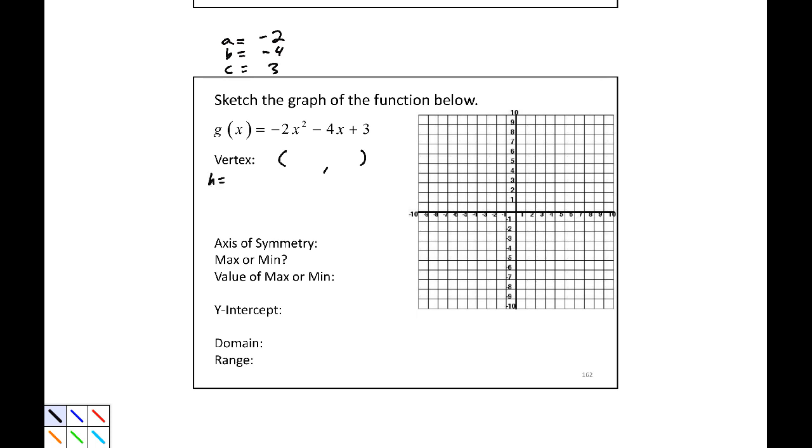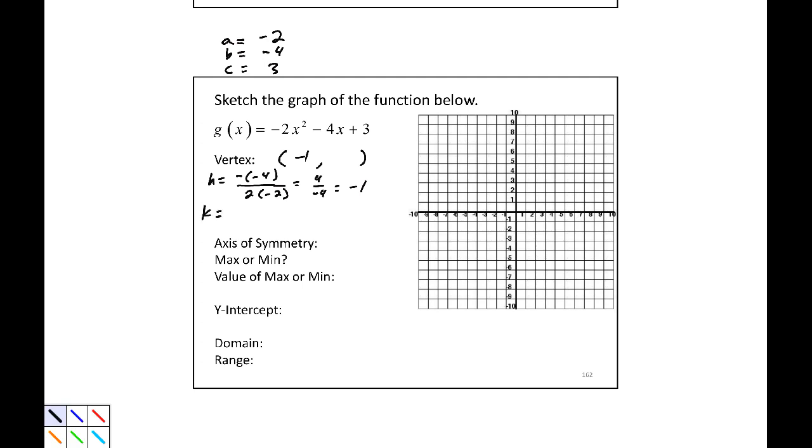So h is negative b over 2a. That would be negative, negative 4 divided by 2 times negative 2. So that would be positive 4 divided by negative 4, or negative 1. So my vertex is negative 1, comma, something. Now, let's find that.